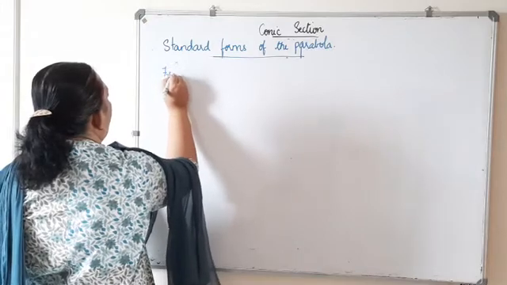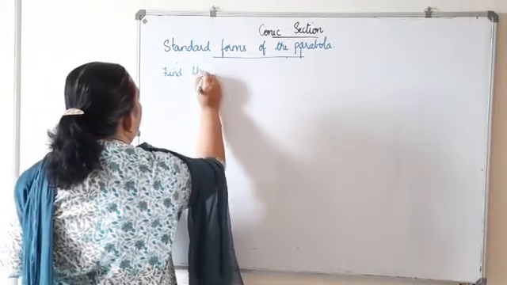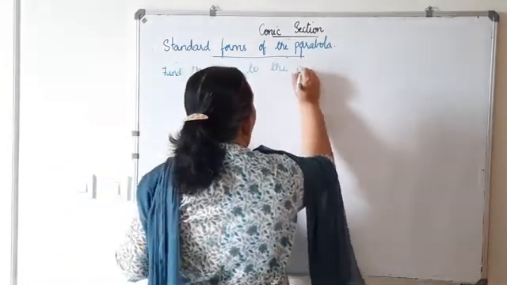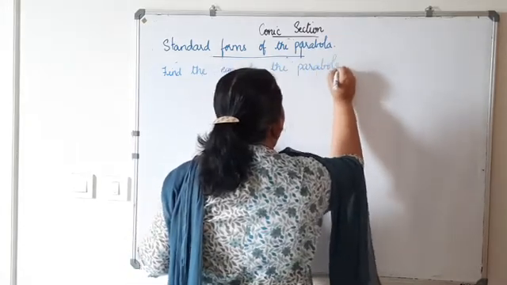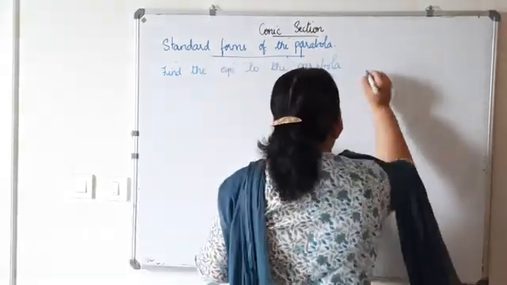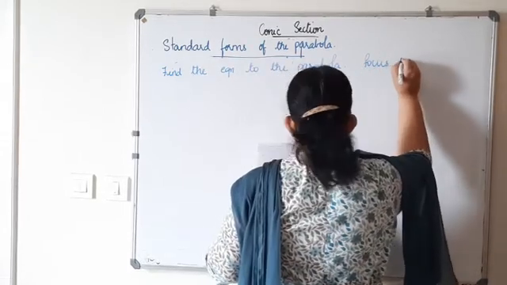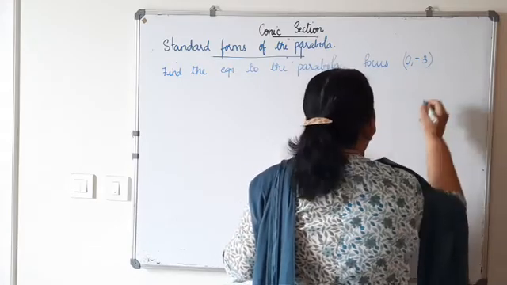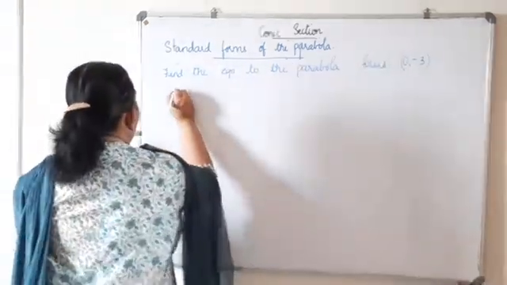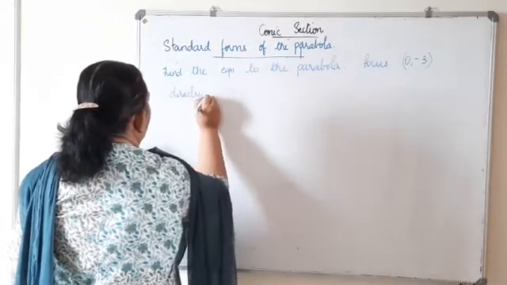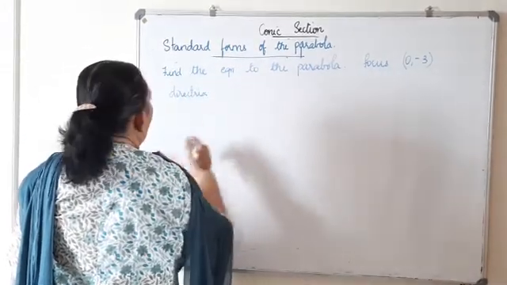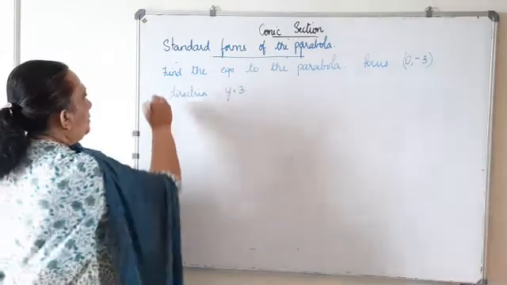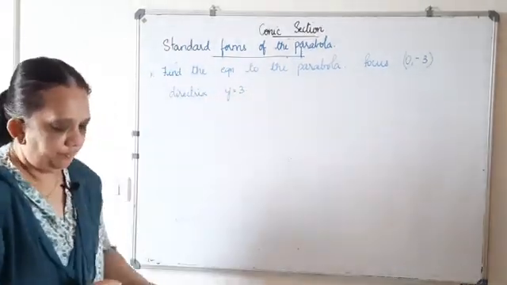Find the equation of the parabola with focus 0 comma minus 3 and directrix y is equal to 3.